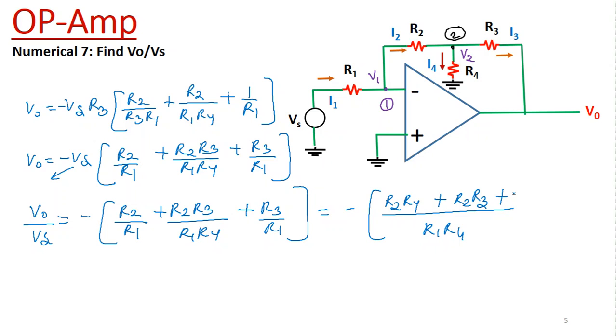So R1 and R1 get canceled out and we get R3 into R4. So this we are getting now.